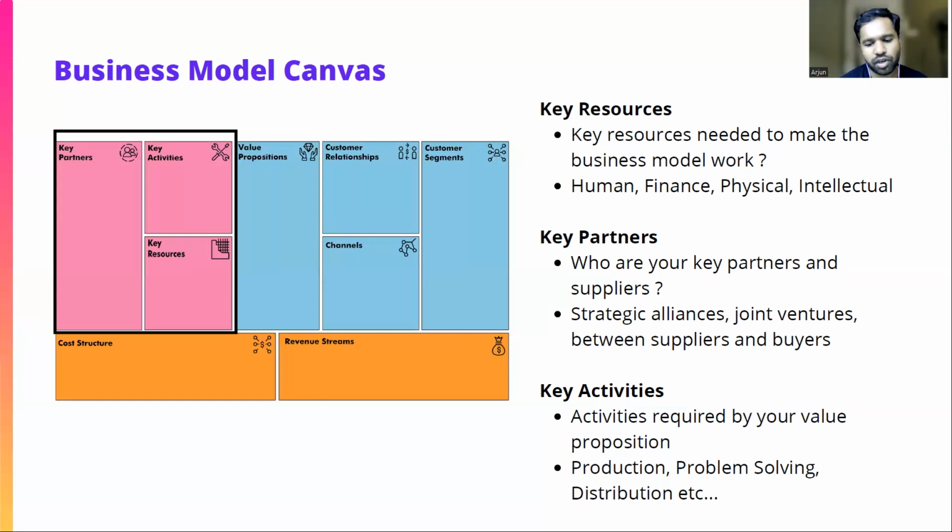If it is a software product, then probably you are partnering with Google, Amazon to get some cloud services, and how are you going to secure your cloud services, whether you are going to engage with any cyber security agency to secure them. You need to think about all of these things, and jot down all of those things in the business model canvas.